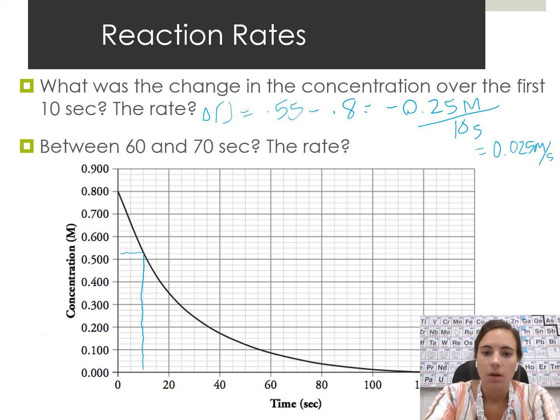All right, let's look between 60 and 70. So I go from, let's say, about 0.08 down to 0.05.